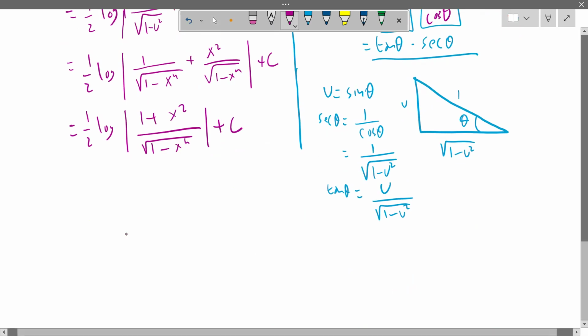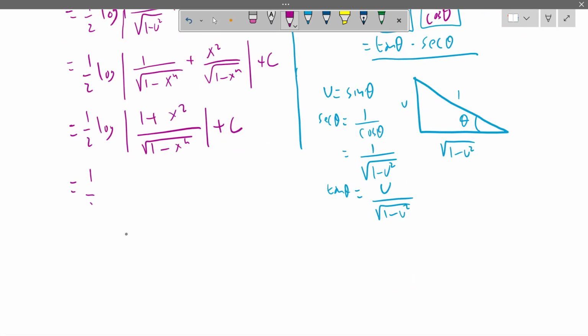Here we can factorize the denominator inside the square root. It's going to be the square root of 1 plus x squared times 1 minus x squared.